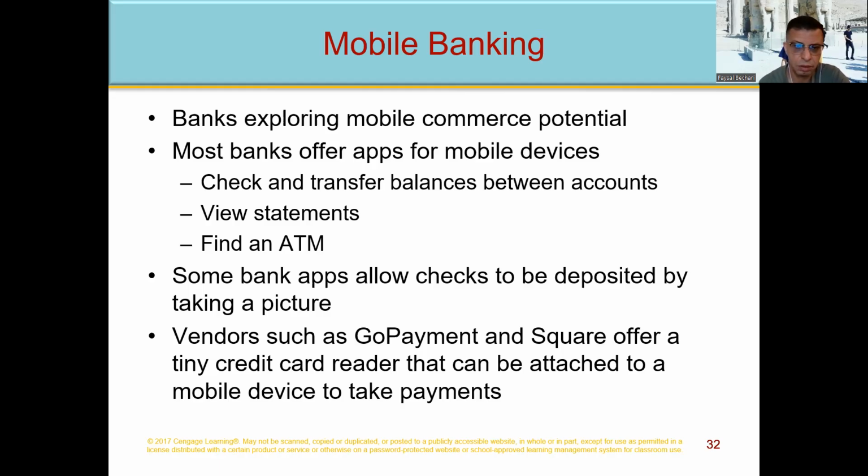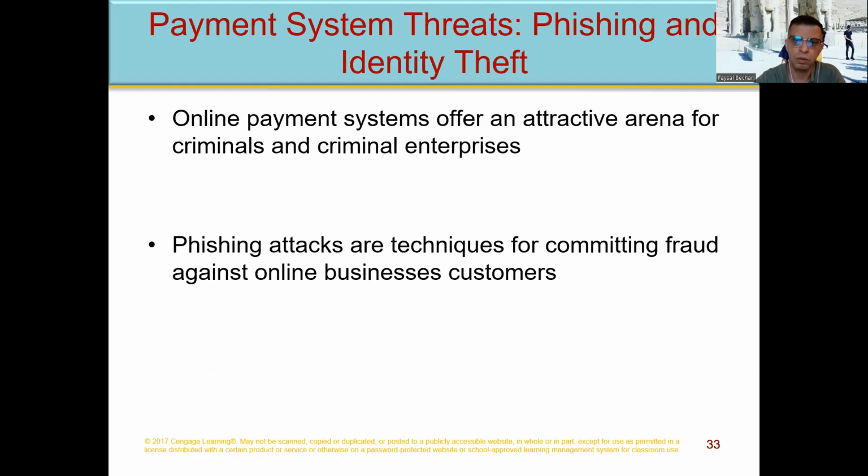The big five banks do that. Vendors such as GoPayment and Square offer a tiny credit card reader that can be attached to a mobile device to take payments. You can plug the small one into the mobile device, and they can take the payment through it, by tapping or even through the device.